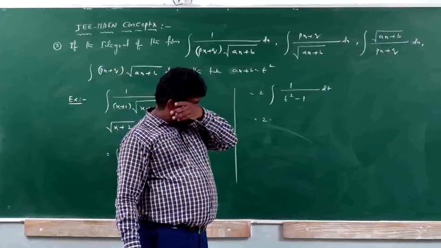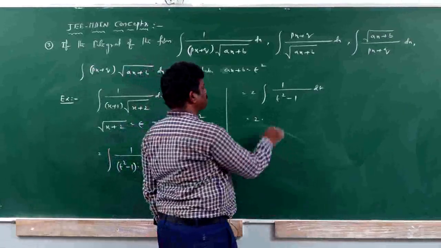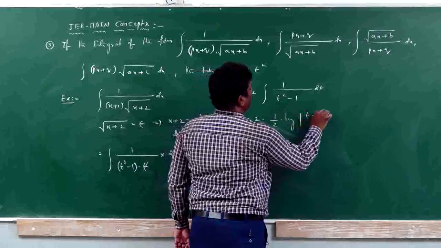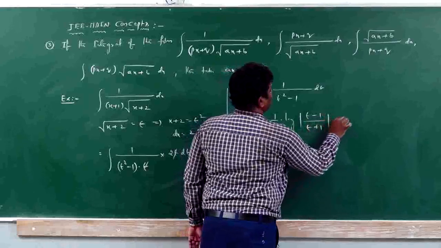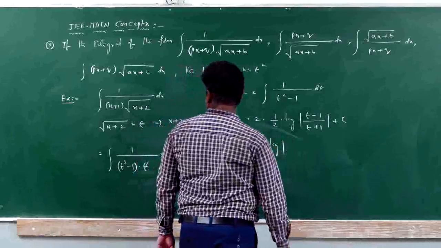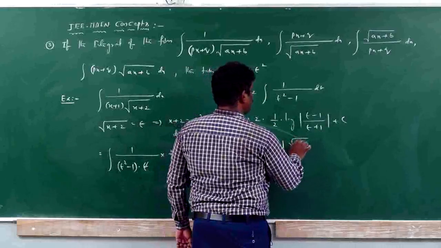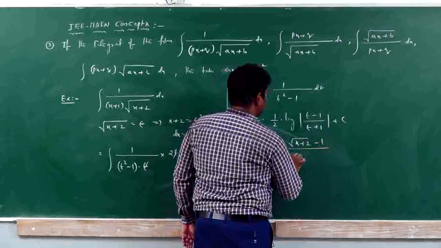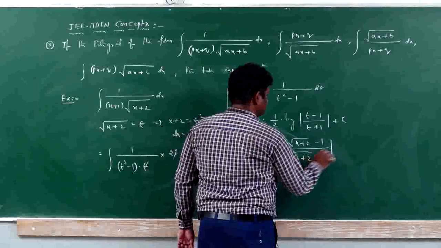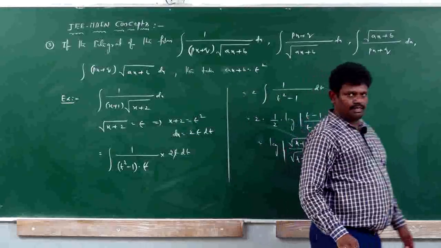Integral 1 by (x square minus a square) is 1 by 2a log of (x minus a) by (x plus a) plus c. Here the 2 cancels, and log of this value, where t is the square root of x plus 2: square root of x plus 2 minus 1 by square root of x plus 2 plus 1, plus c. Okay? Right.